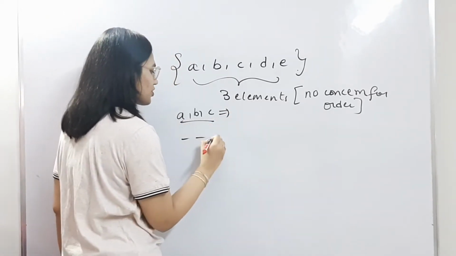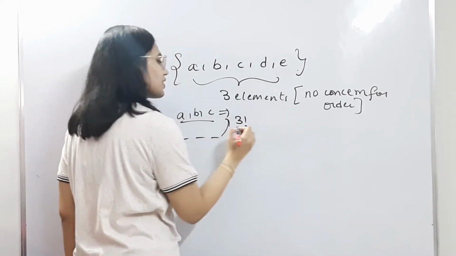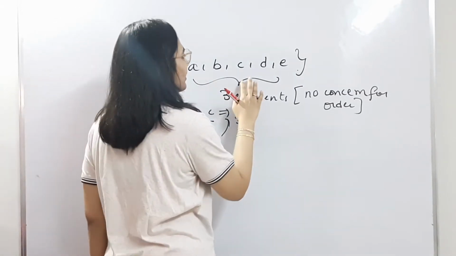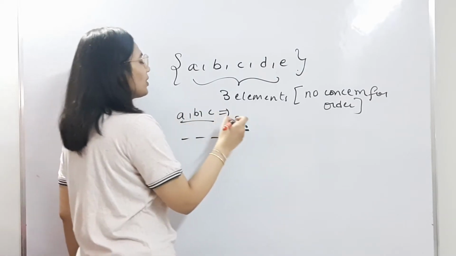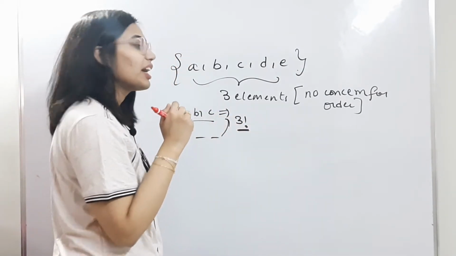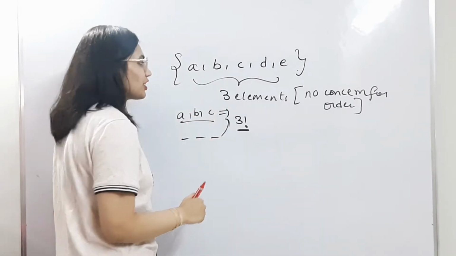Normally in 3 positions, we know that this can be done in 3 factorial ways using permutations, right? So if order is important, how many different possibilities are there for you to arrange 5 elements in 3 positions using permutations?